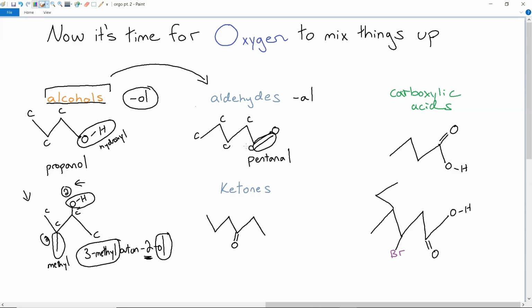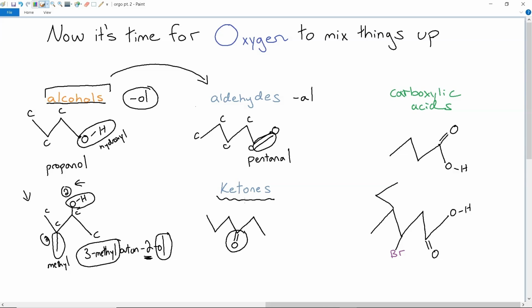Just like alcohols, this double bonded oxygen may appear in the middle of our main carbon chain. Now, I just said that for aldehydes, that doesn't happen because we are at a terminal carbon. So if we see a double bonded oxygen in the middle of a carbon chain, that must mean we're dealing with a different kind of organic compound, and this would be called a ketone.